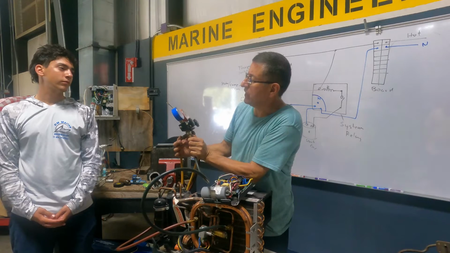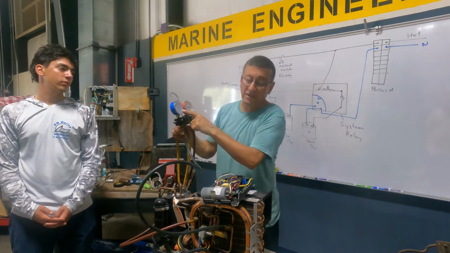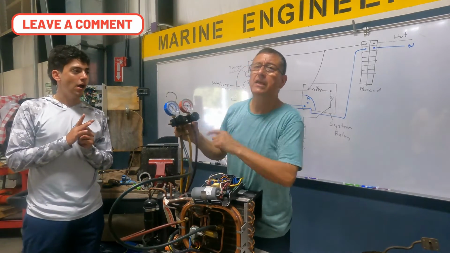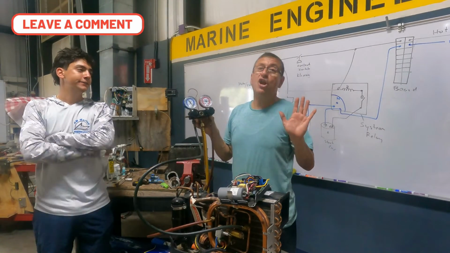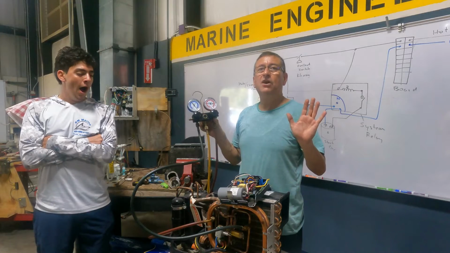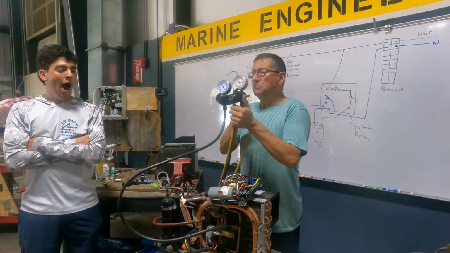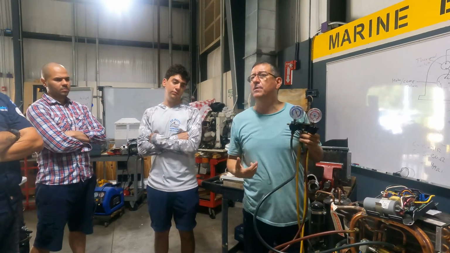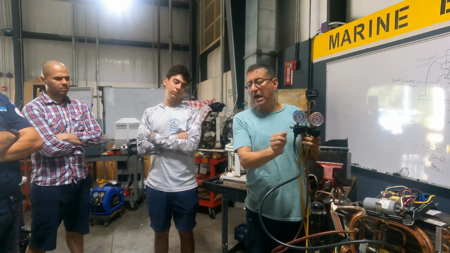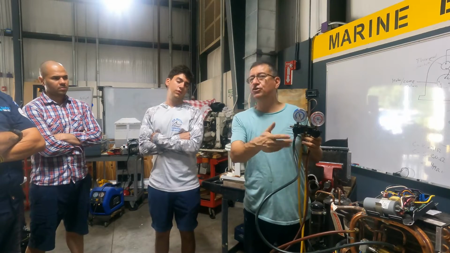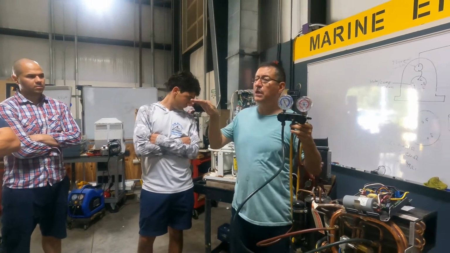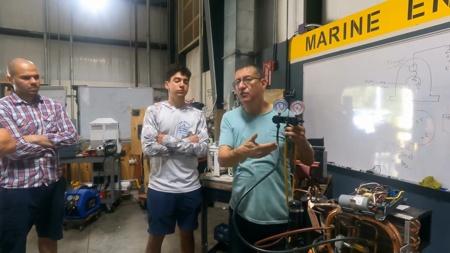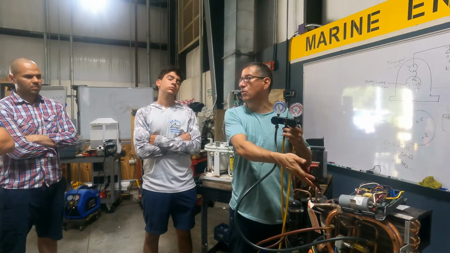This is R-134a. It's around 90 psi on the low pressure side and 140 on the high pressure side. But it's not running; it's off. If that unit was recently removed from the boat, the pressures would be different. If that unit stayed out of the boat 2 or 3 months, the pressures would be equalized, both equal. In this moment they are different because it was working 2 weeks ago.